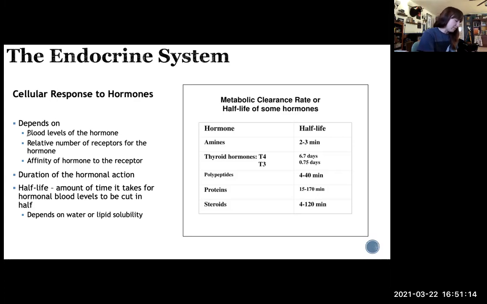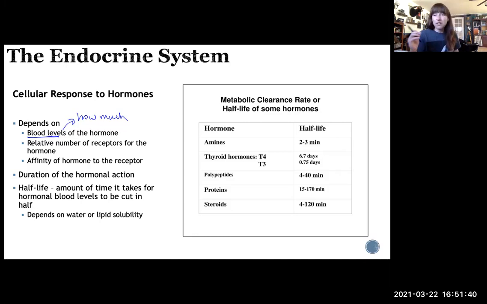The blood level of the hormones. The number of receptors that the organ has for that hormone. So if an organ only has a relatively low number of receptors, it's only going to take up so much of that hormone, right? Whereas if it has a whole lot of receptors, then it's going to take up a lot more of that hormone.